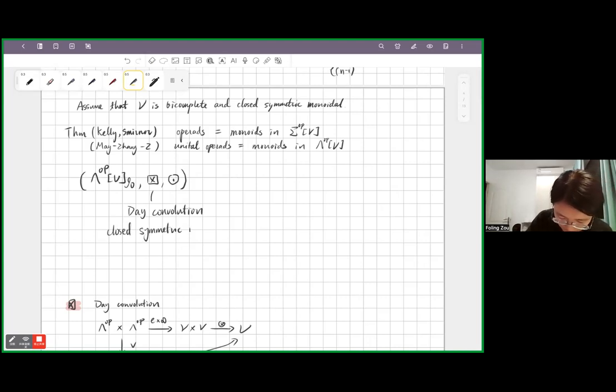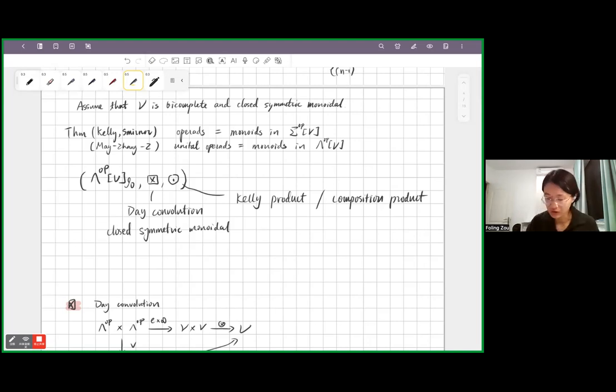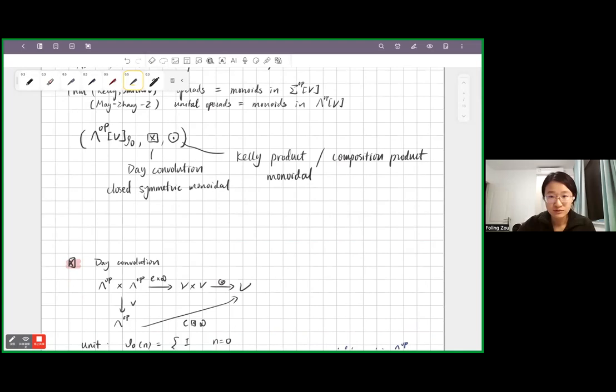The second one we are going to call the Kelly product. And people have also, in the symmetric sequence case, called it the composition product. So this name might be helpful if you already know what this is. This is monoidal, but not symmetric.